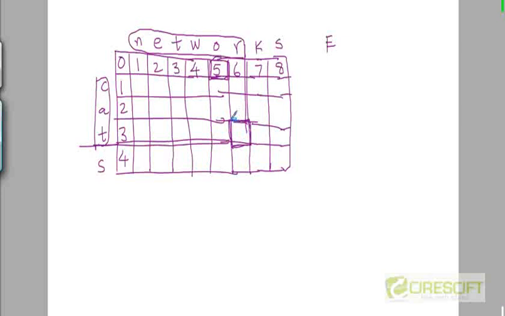Okay, so this value is the edit distance between CAT and NETWOR, the first 3 characters of X and the first 6 characters of Y. Is that clear?